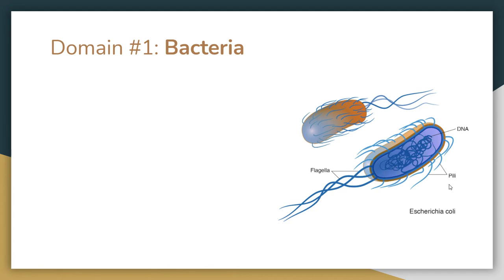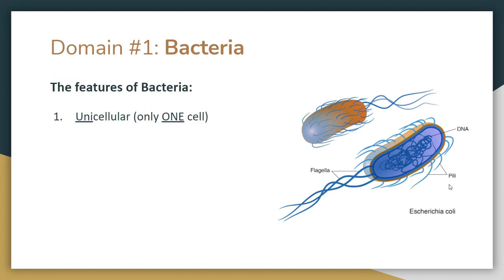And that's going to be super important because bacteria, one of its features, not only is it unicellular, and uni means one, so it only has one cell, it also is prokaryotic. It's a prokaryote, sometimes it's what they say. What it means by being prokaryotic is that it does not have a nucleus.